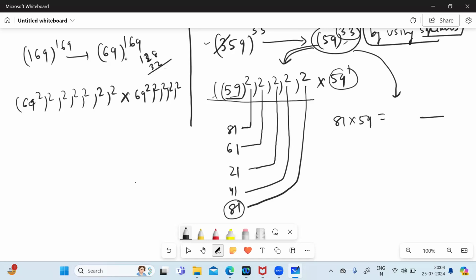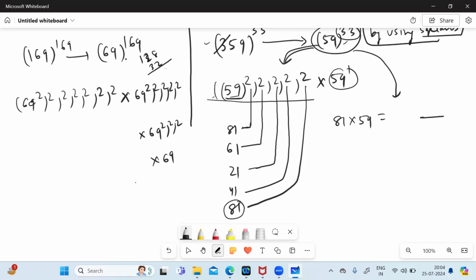160. Okay. Then I will have 69 to the power 3 times, like it will be 8 and then 69 also.